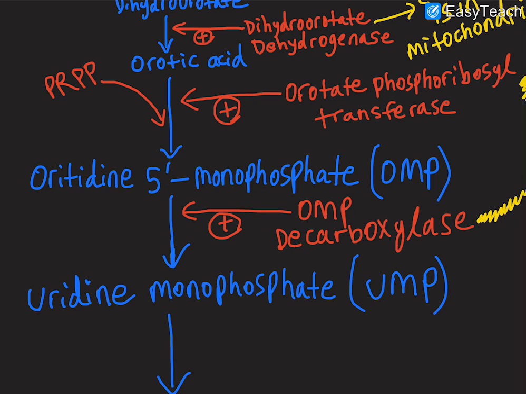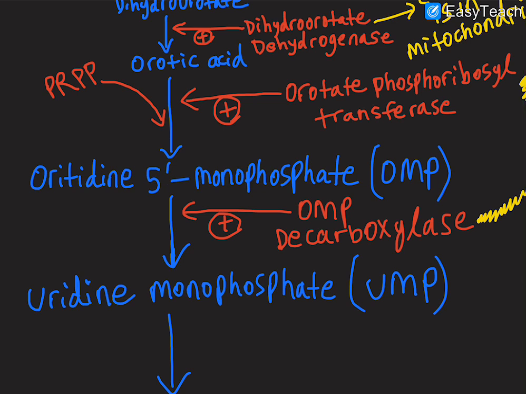So again, we went from orotic acid to OMP using a PRPP molecule and orotate phosphoribosyltransferase. Now that we have OMP, we go from OMP to UMP via OMP decarboxylase.